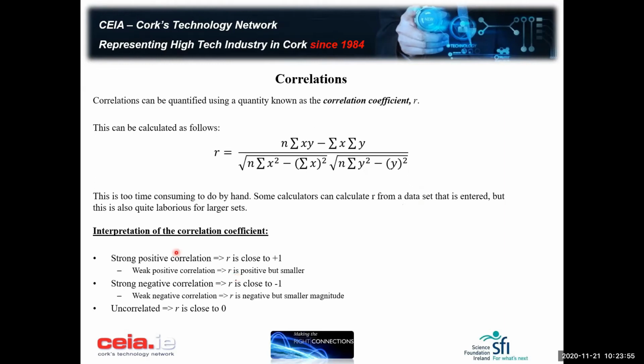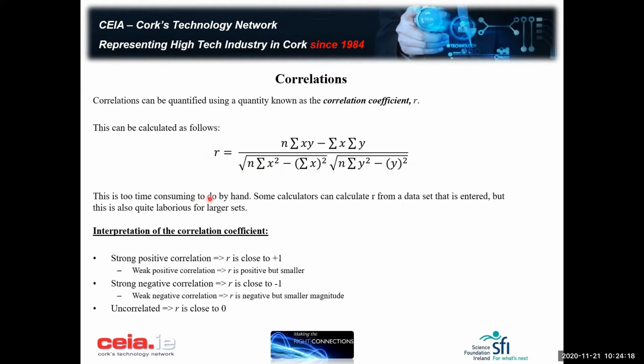We can try to quantify the correlation using something like a correlation coefficient. There's a rather complex formula for this. It's one variety of correlation coefficient. It would be extremely tedious to try and calculate this by hand. You can do it. Some calculators will do it for you.